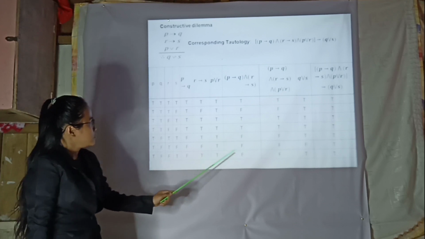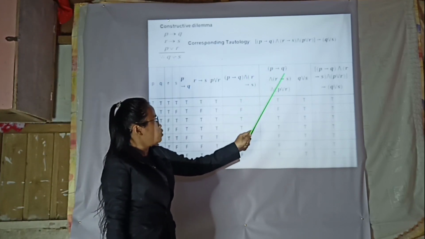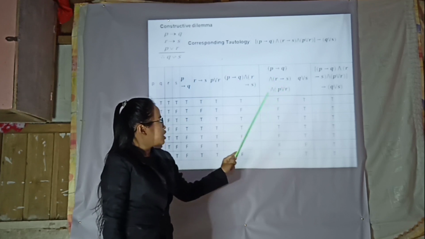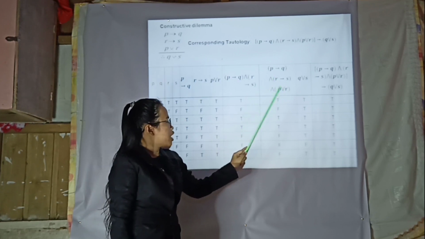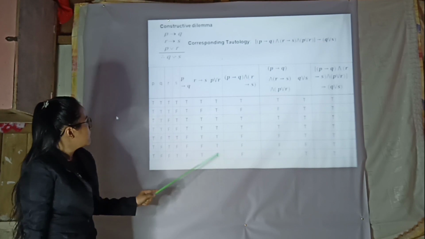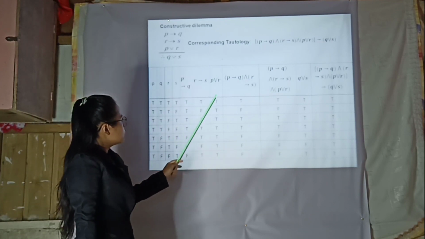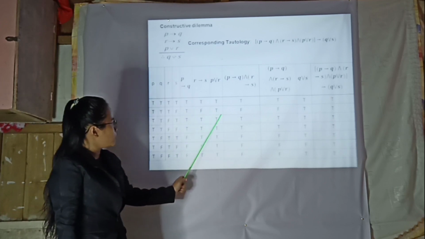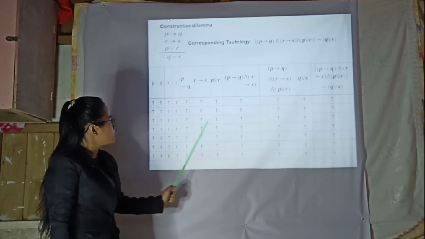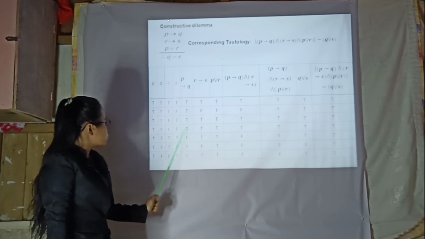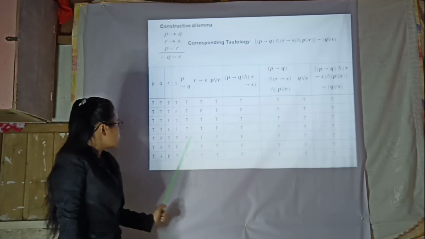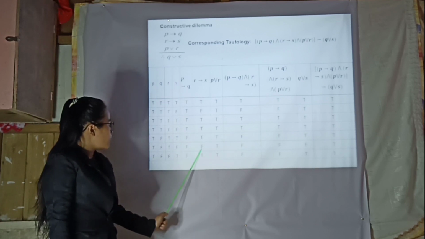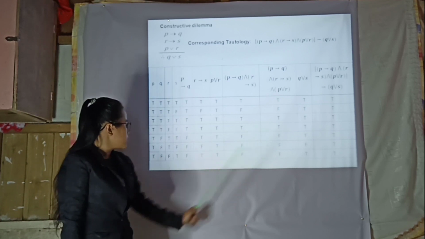So if P then Q, and if R then S, and P or R. So true. So true, false, true is false. True is true. True is true. False, true is false. False, true is false.